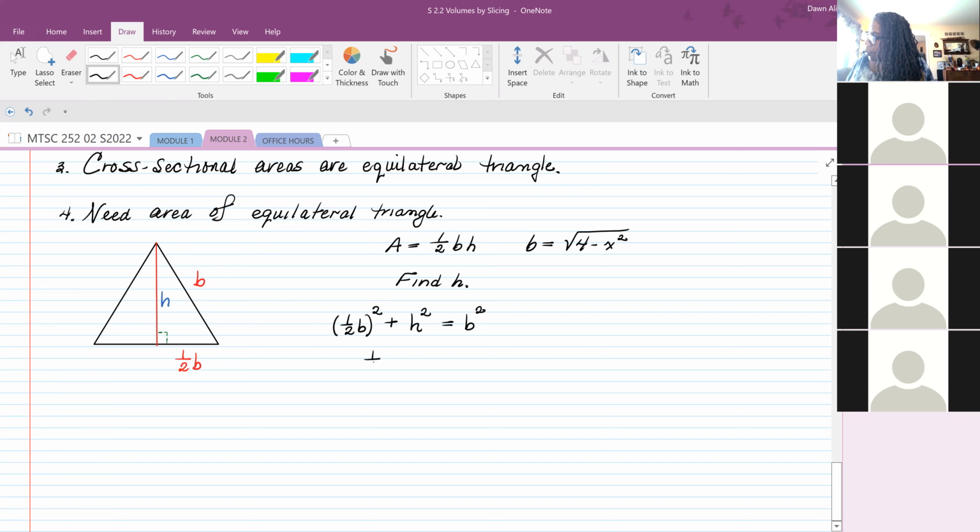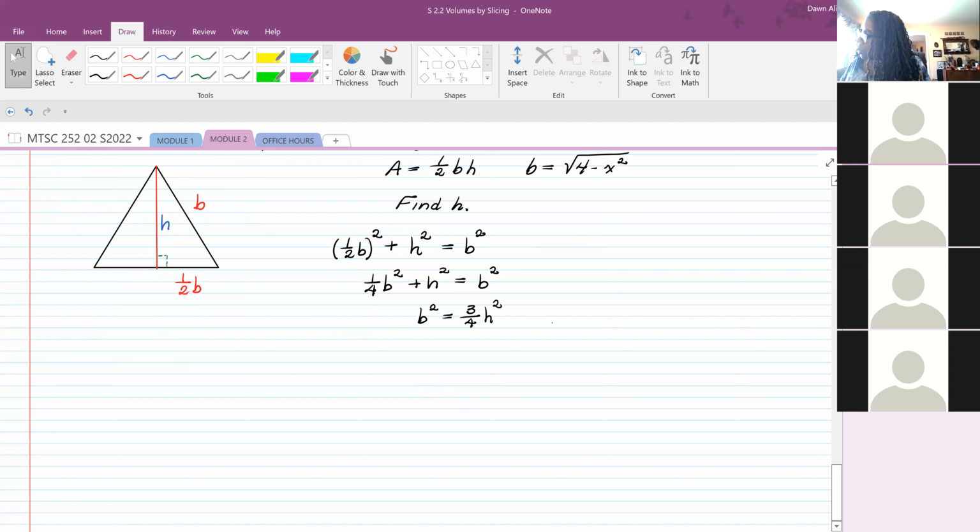So 1/4 B squared plus H squared has to equal B squared. So H squared is 3/4 B squared. So that says H is the square root of 3 over B. No, that is wrong.